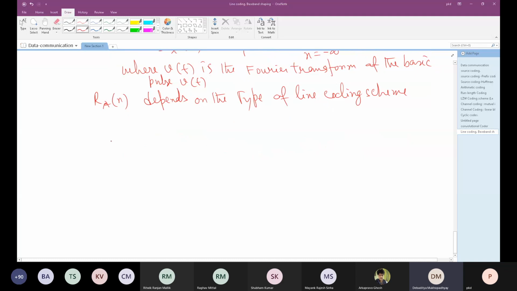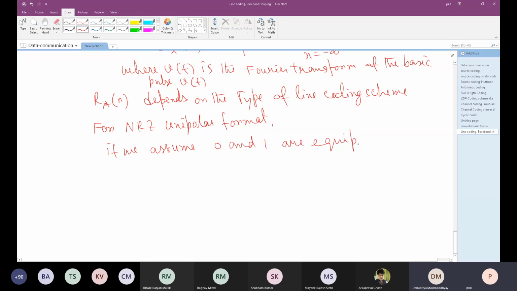Say for the unipolar format, if we assume zero and one are equiprobable, then the probability of zero occurrence equals the probability of occurrence of the symbol A, because AK is becoming 0 or AK is becoming A. So that is equal to half.